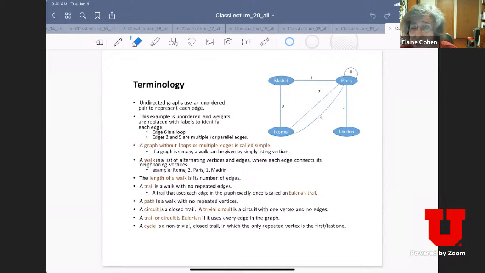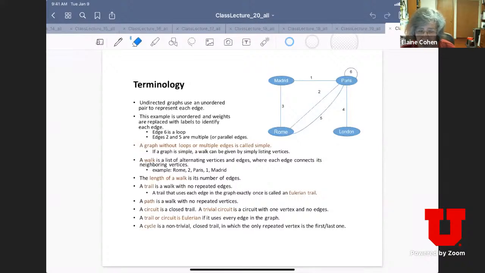Or we might have noticed that edge 6 is from Paris to Paris, and we might say Paris, Paris. Or you can represent it by square brackets, and we'll have some examples. But you never use the ordered pair notation of parentheses. Never, never. If you use parentheses, it means that it's a directed pair. So an undirected graph does not have directed pairs.